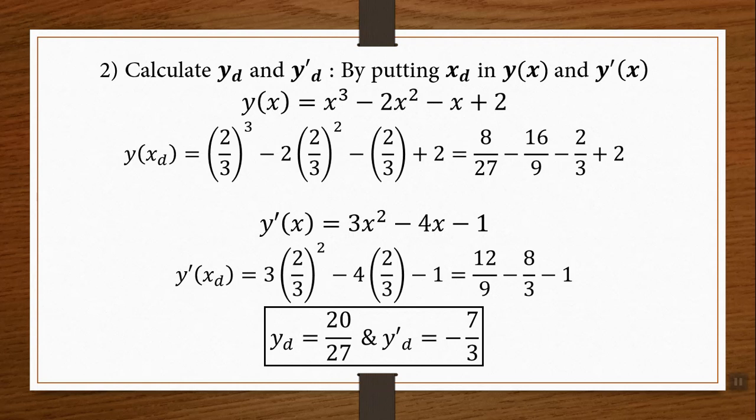And by putting xd in y prime of x, we will have y prime of xd equals 3 times 2/3 squared minus 4 times 2/3 minus 1, and we will have yd equals 20 over 27, and y prime of d equals negative 7/3.